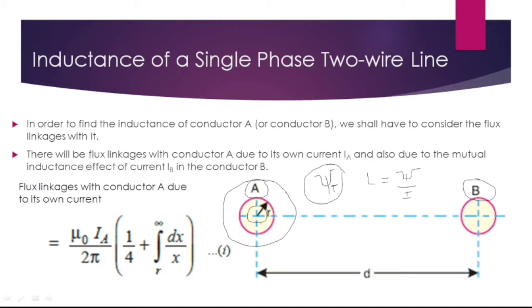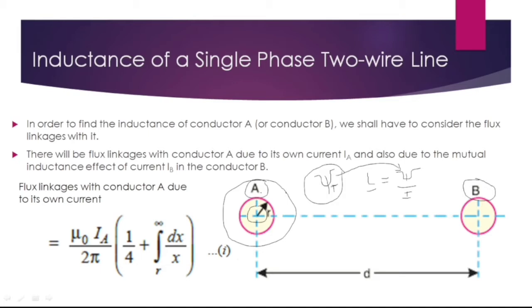Regarding the internal flux, we calculate its flux linkages, and regarding the external flux, we calculate the flux linkages of this conductor. These two together give the total flux linkages.